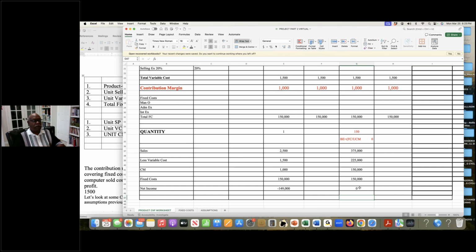So my net income is 0. Break even is when net income is 0. Any questions? So I utilize this formula: break even equals fixed cost divided by contribution margin.